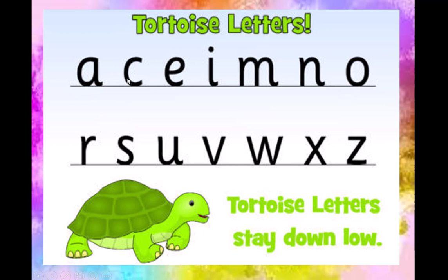These letters are A, C, E, I, M, N, O, R, S, U, V, W, X and Z. Okay, tortoise letters, and these are 1, 2, 3, 4, 5, 6, 7, 8, 9, 10, 11, 12, 13 and 14. So we have 14 tortoise letters, 7 sky letters or giraffe letters and 5 monkey letters.